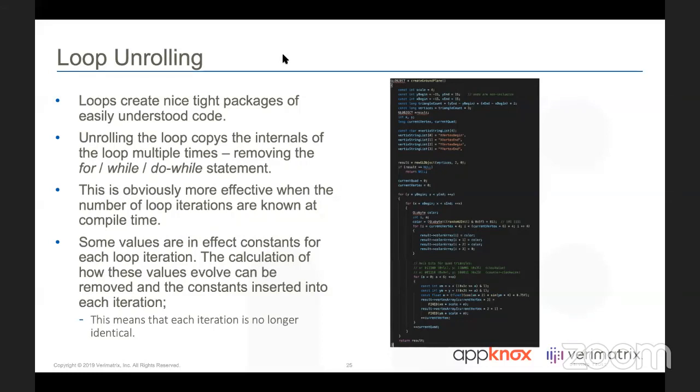So while they look like variables that are changing in your rolled loop, in your unrolled loop, these become constants, and you can start to clean up your unrolled code by taking advantage of the fact that things that were previously variables become constants.